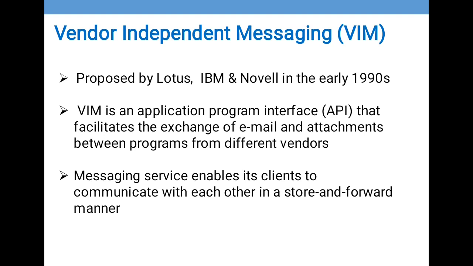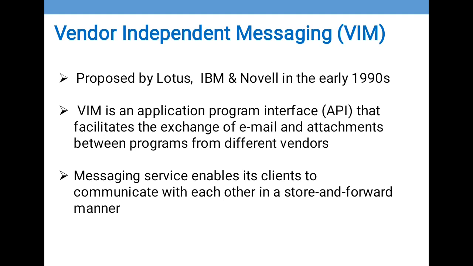First, we will see the first interface, Vendor Independent Messaging, VIM. It was proposed by Lotus, IBM, and Novell in the early 1990s. VIM is an application program interface that facilitates the exchange of email and attachments between programs from different vendors.